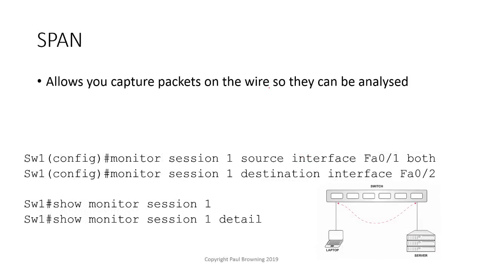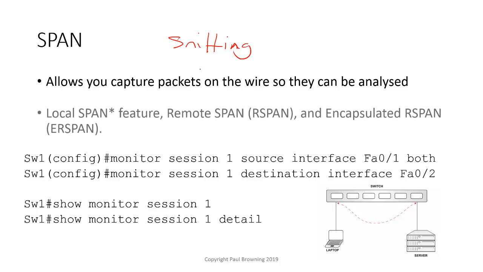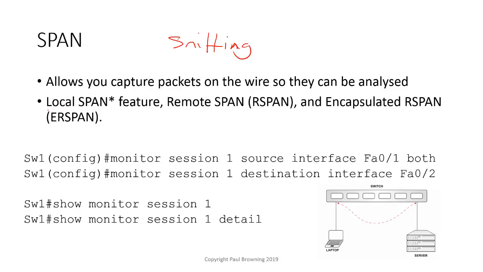SPAN, switch port analyzer, it allows you to capture packets. So this is basically sniffing packets on your network. Wireshark's probably the main program for this. Local SPAN is the only version in the syllabus, just so you know.